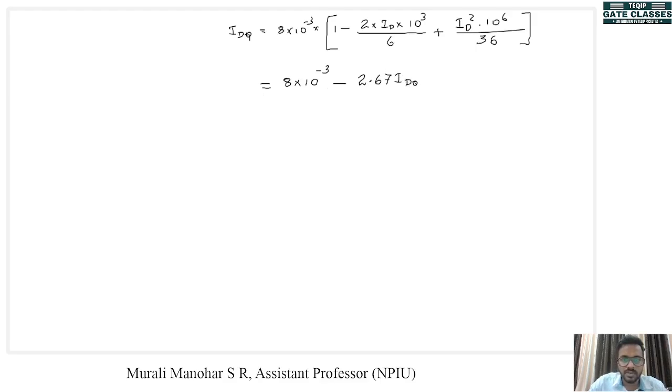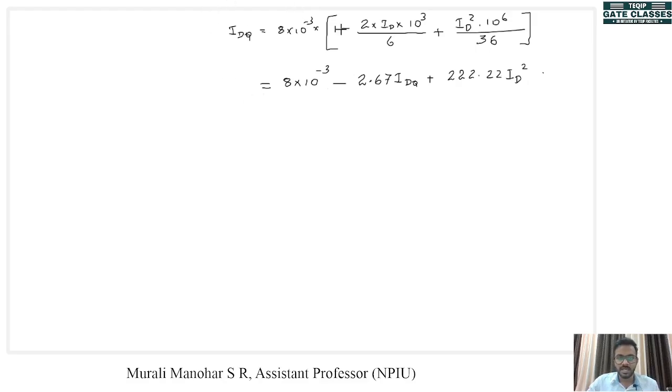ID is IDQ plus 8 into 10 to the power minus 3 into ID square into 10 to the power 6 divided by 36. So 10 to the power minus 3 and 10 to the power 6 becomes 10 to the power 3, and what is left is 8 by 36. So this is equal to 222.22 ID square.